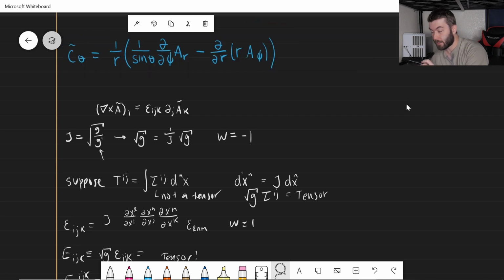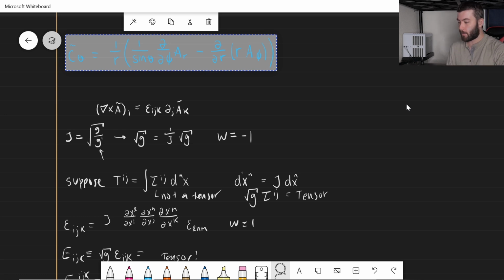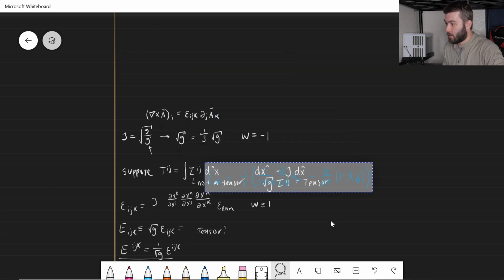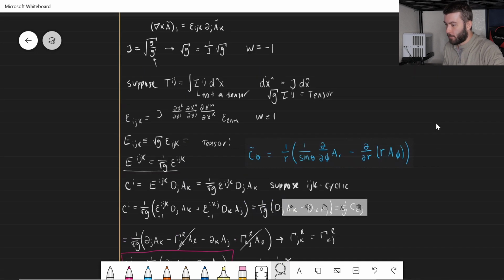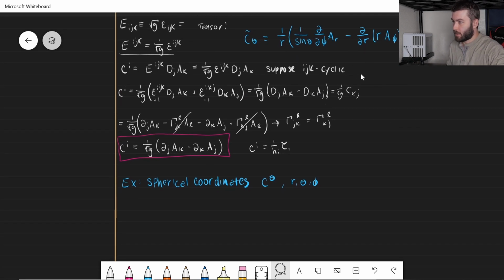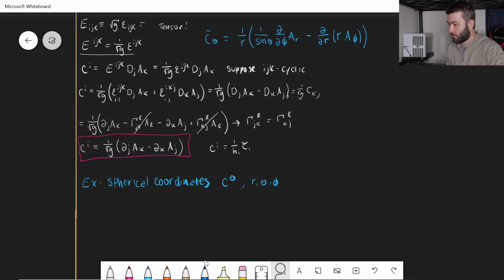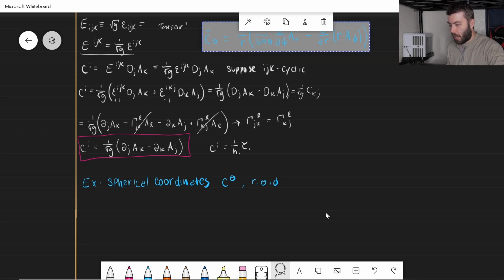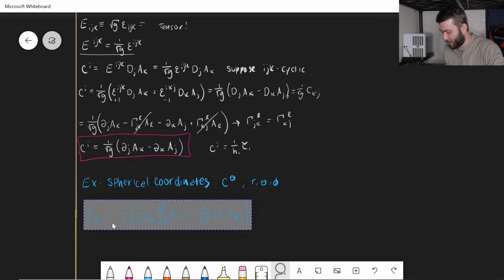And you randomly get these 1 over root g's and stuff from everywhere because you never took the consideration to say, oh, we need to promote this guy to a real tensor as opposed to a tensor density. So the fact that we are being more careful is going to help us.